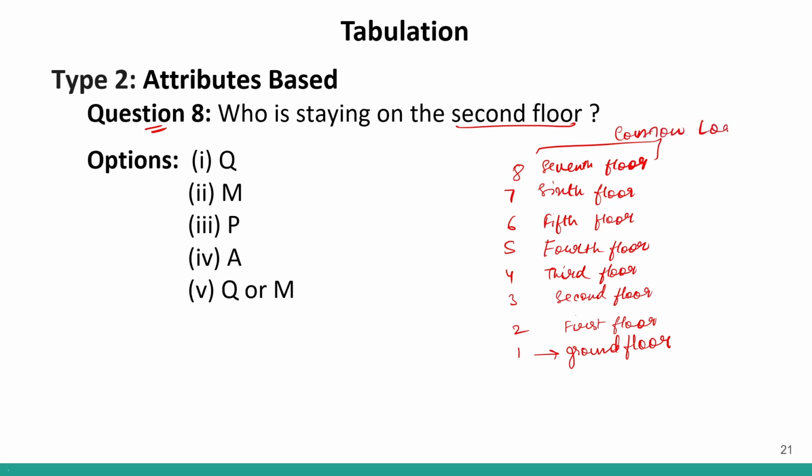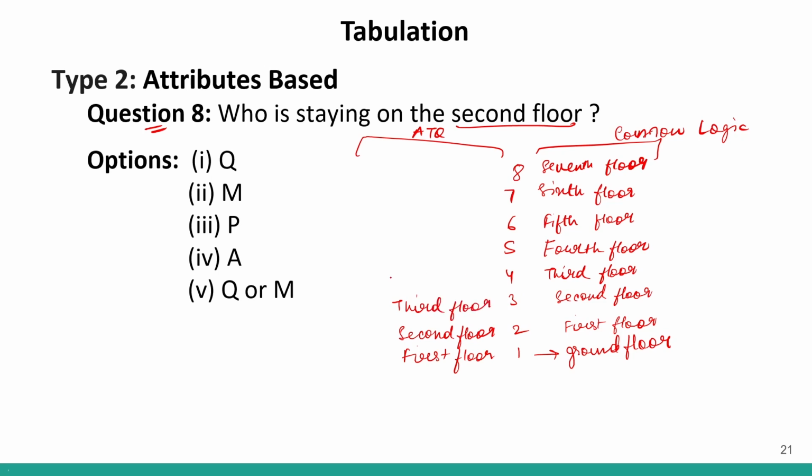But according to the question, the floors have changed. This is your first floor. 1 is your first floor according to the question. According to the question, 2 will be your second floor. Similarly, 3 will be your third floor.